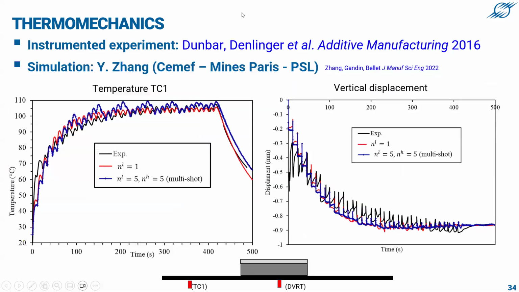So this was calculated, and on that you have the comparison of heat transfer, so heating with the different cycles, and more interesting, the displacement of the substrate and how it is captured by the thermomechanical simulation. So you can see that, yes, we can compare successfully with the experiment.